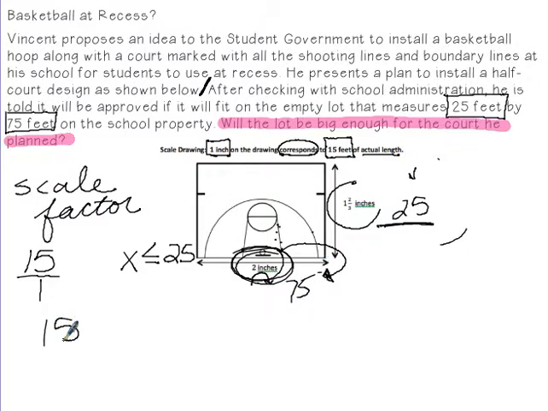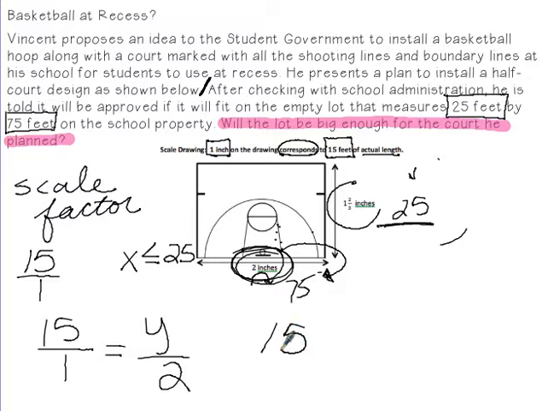So 15 feet to 1 inch has to be equal to, and actually I'm not going to use x because I already used x. Let's use y. And he drew that as 2 inches. So set it up.